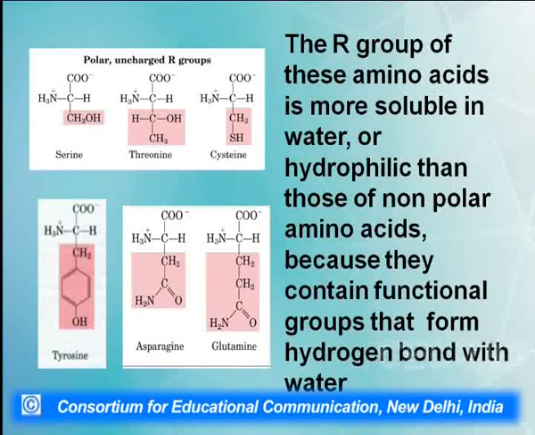So we can say that if I talk of serine, serine is a derivative of alanine in which one H has been replaced by an OH group. And then we have tyrosine, which I have already said has a phenolic group in it.